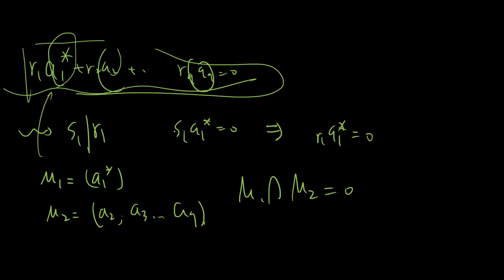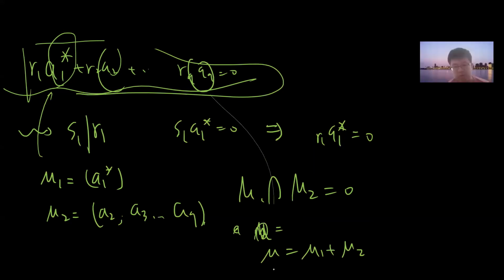And obviously the whole module M is just M1 plus M2, because they still generate M. So M is the direct sum of M1 and M2.